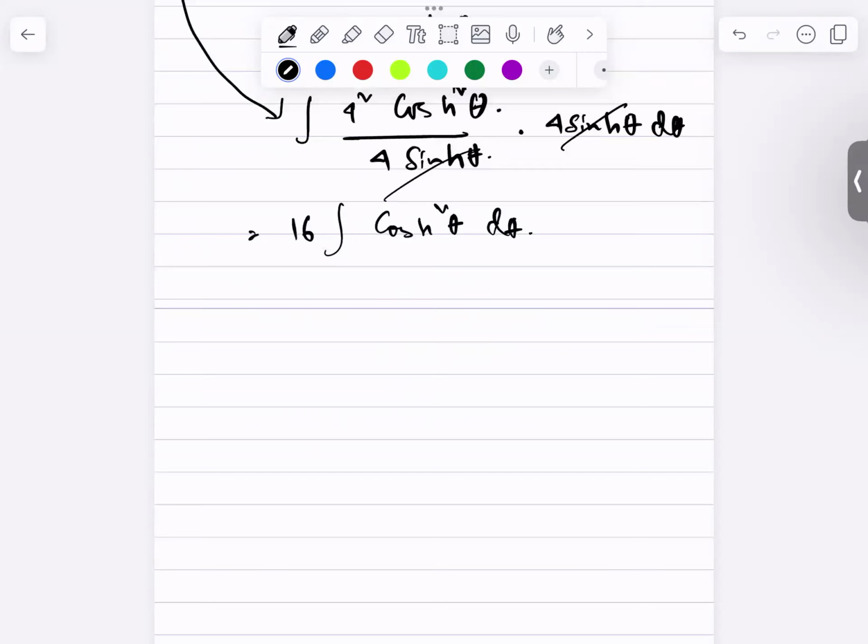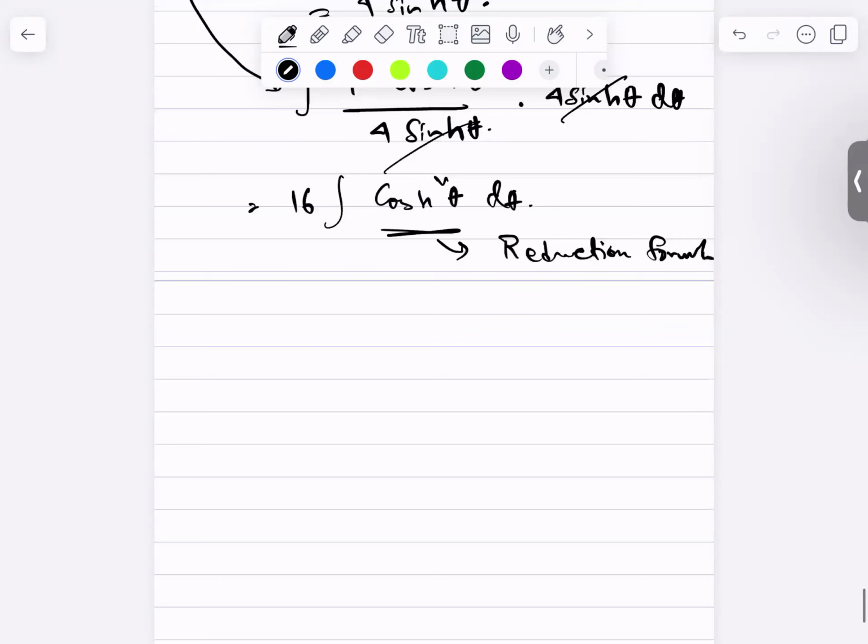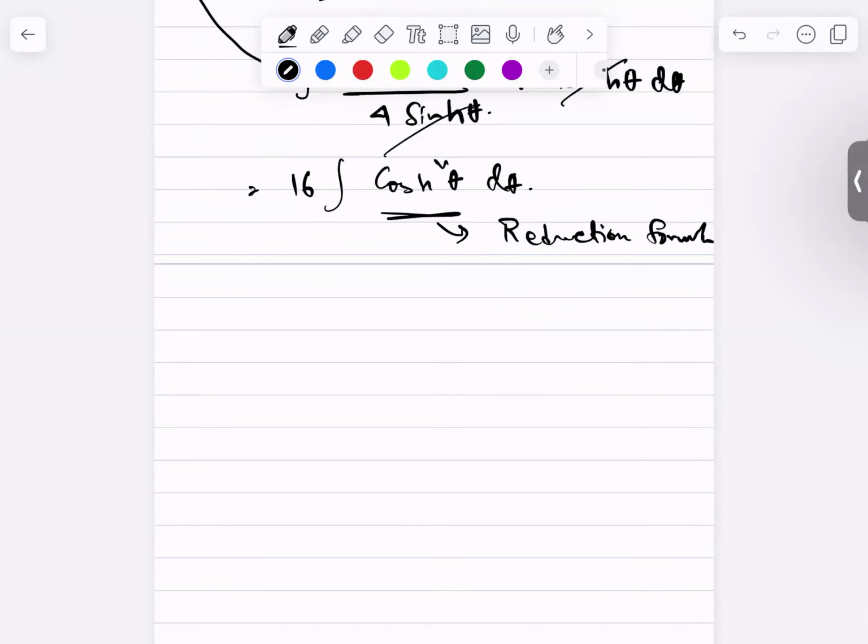Now, if we had a trigonometric function instead of hyperbolic function there, you should have used the reduction formula, right? Here also we have the same counterpart. So the reduction formula for hyperbolic functions is like this.